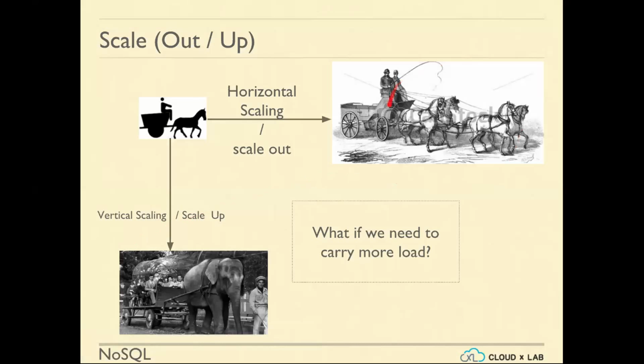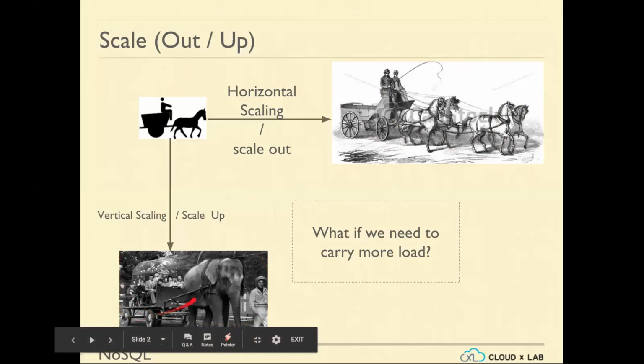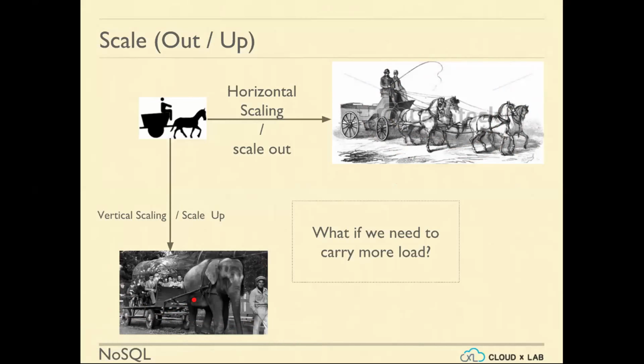Now here, this is what we are learning: how to distribute the work. This is the harder part. This is the easier part. This easier part does not take you a very long way because today you needed to carry more load, so you added an elephant. What if the elephant cannot carry the load?